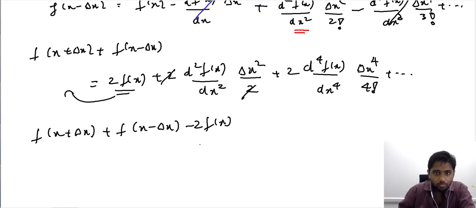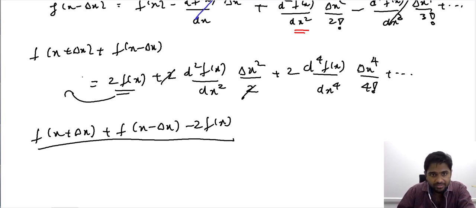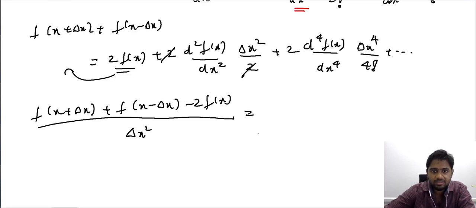In addition to that, it is possible for us to take the delta x square term out. When you bring this to the left hand side, all the terms have this delta x square term in common, so we can take it outside and bring it to the denominator.